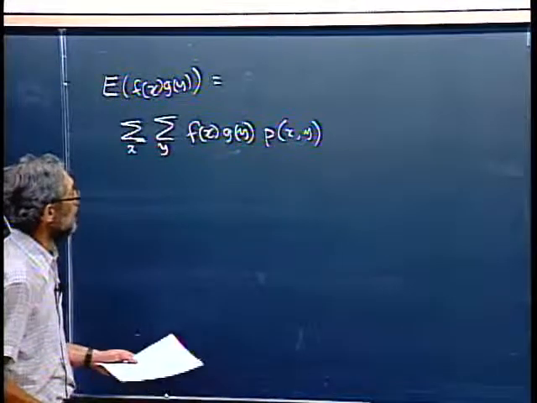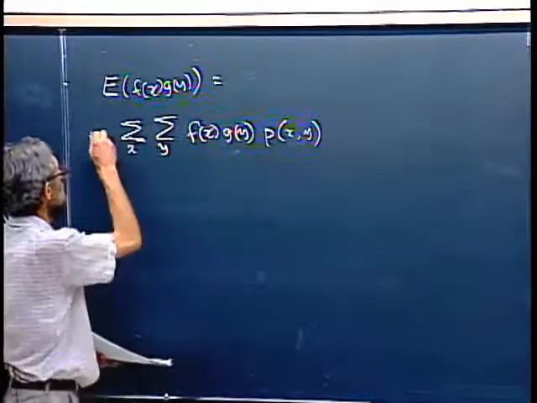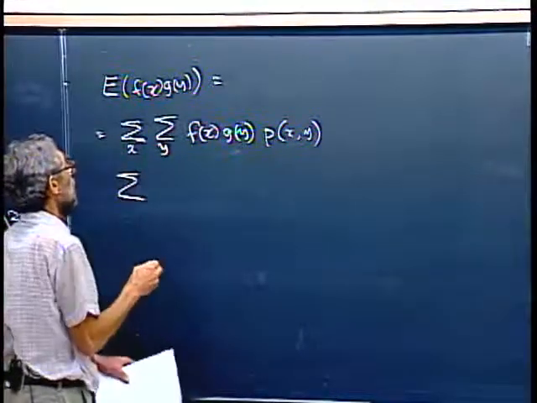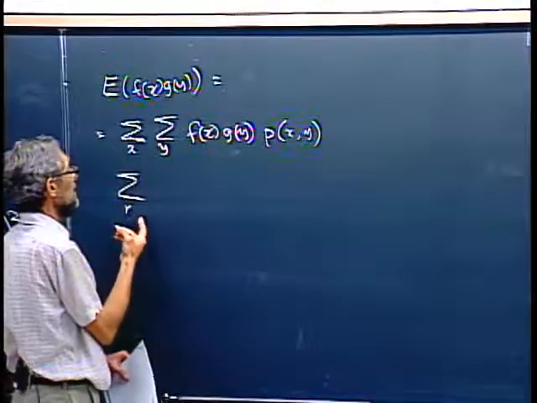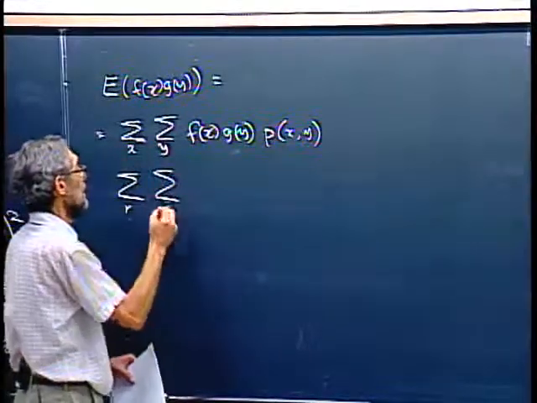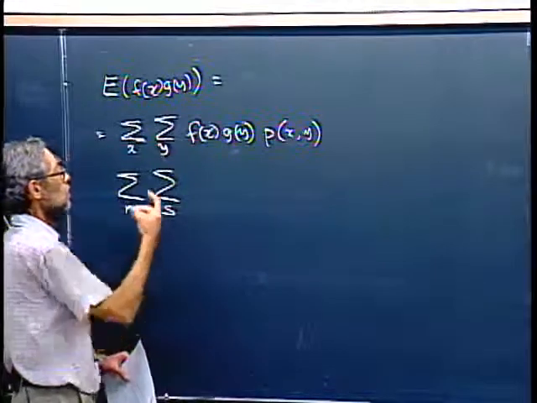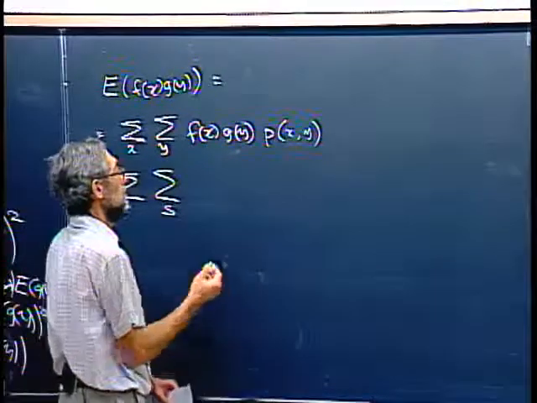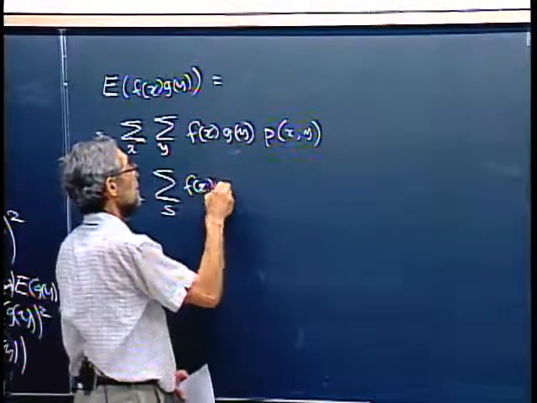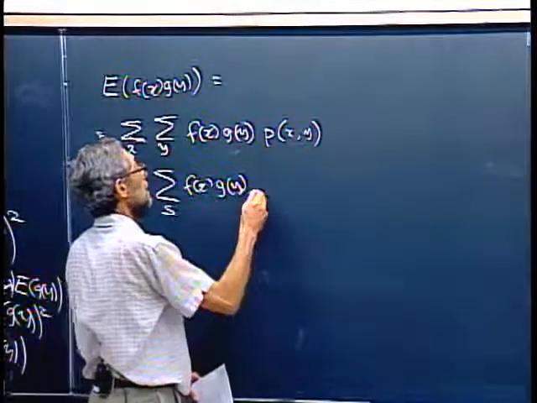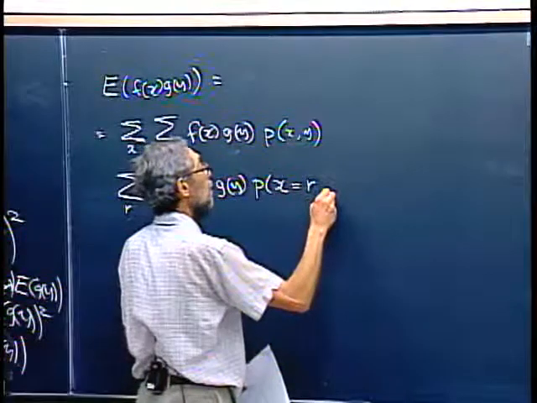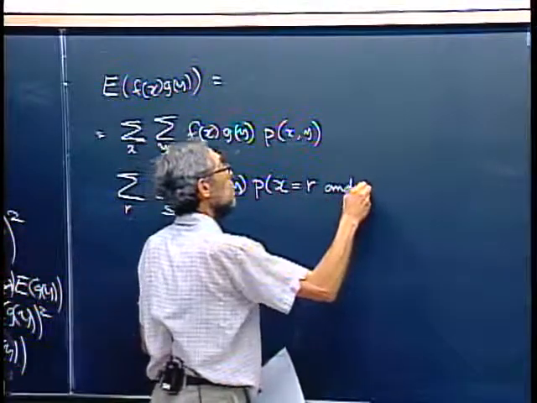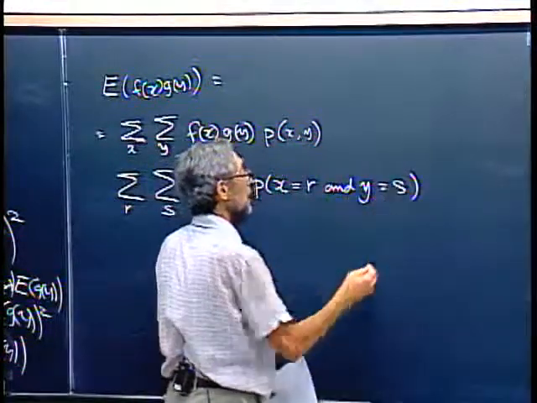Another way to write it is to say it's the sum over all values r that x can take and all values s that y can take of f of x, g of y, times the probability that x equals the value r and y equals the value s.